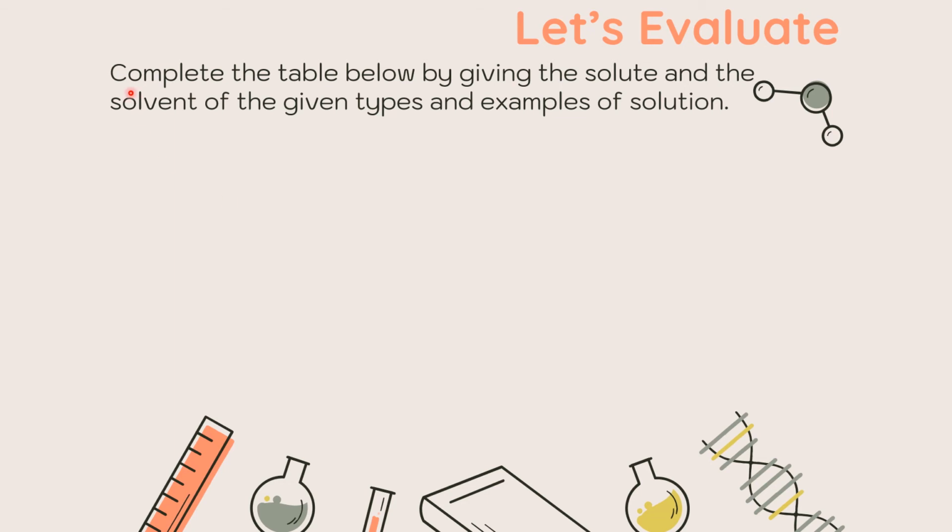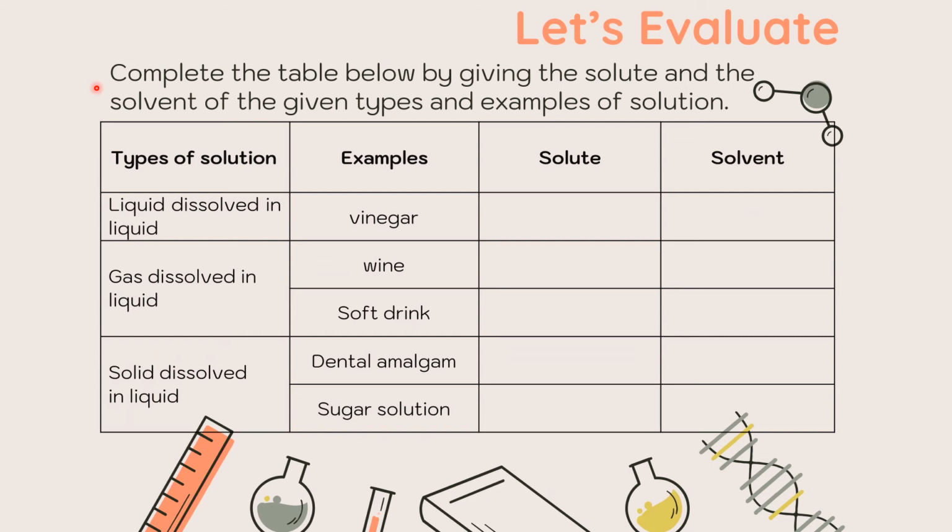We are now on our next activity, which is the Let's Evaluate. We are going to complete the table below by giving the solute and the solvent of the given types and examples of solution. So we have here the types of solution in our first column and the examples on the second column, and then we're going to identify what is the solute and the solvent.